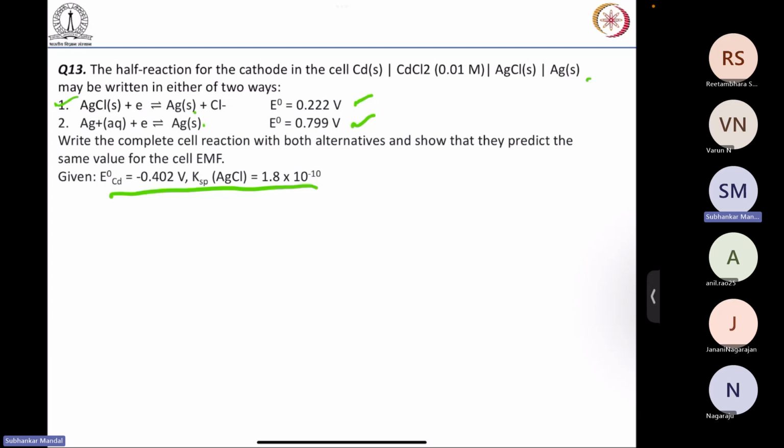That is the question. So how can we get the same value of EMF or cell potential? How can you proceed with this? Can anyone tell?